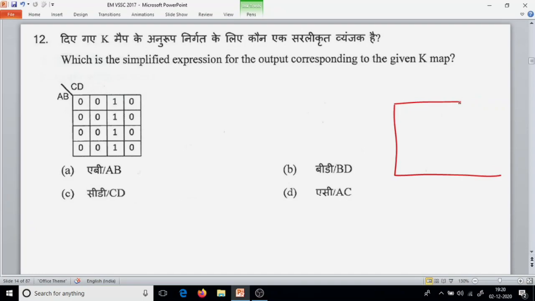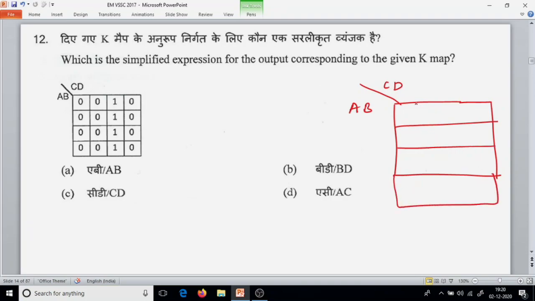We have a total of 4 variables, that is A, B and C, D. I will add one more column, and once more I will divide it. Now what is given? For AB, all are 0, 0, 0, 0, 1, 1, 1, 1.